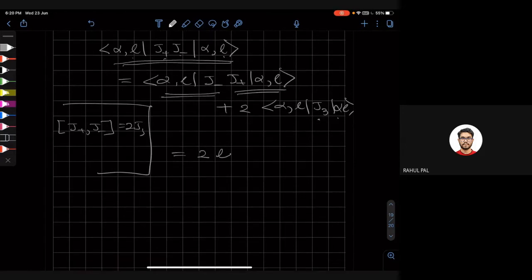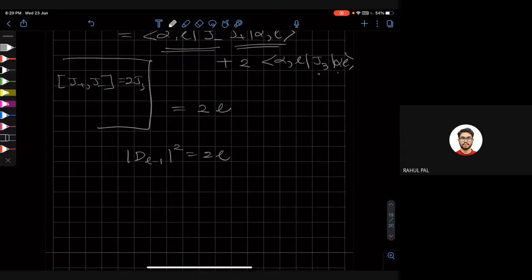Therefore, on the left-hand side, I will get |d_{L-1}|^2 is equal to 2L. Now, because d_{L-1} is the complex conjugate of C_L, I can choose C_L to be the square root of 2L. There's an arbitrary choice of phase I'm making. I'm choosing it to be a real number, okay? So this is one of the values of the constant.